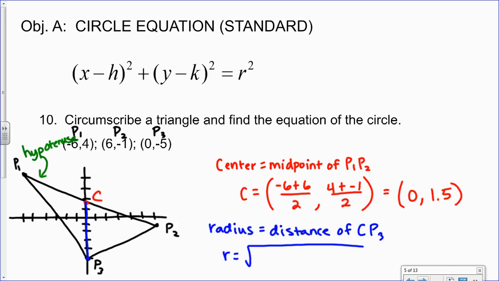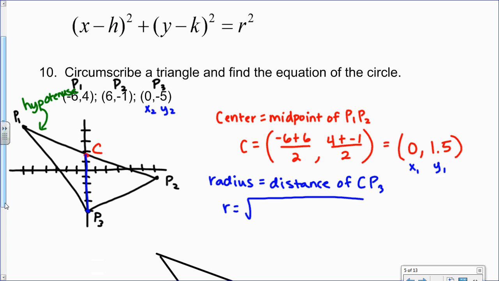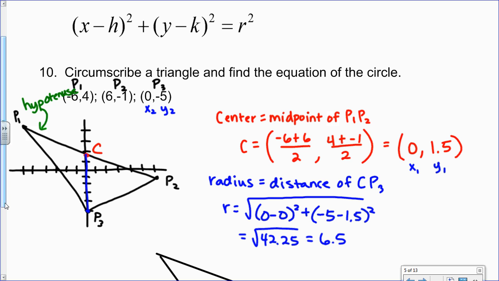If I call C my x1, y1, and P3 my x2, y2, I'm going to do 0 minus 0 squared plus negative 5 minus 1.5 squared. You get the square root of 42.25 again, which is 6.5.